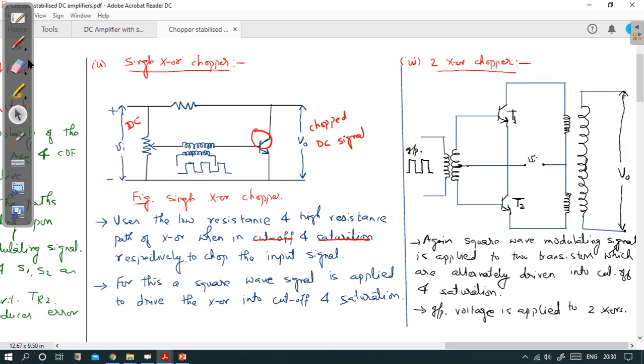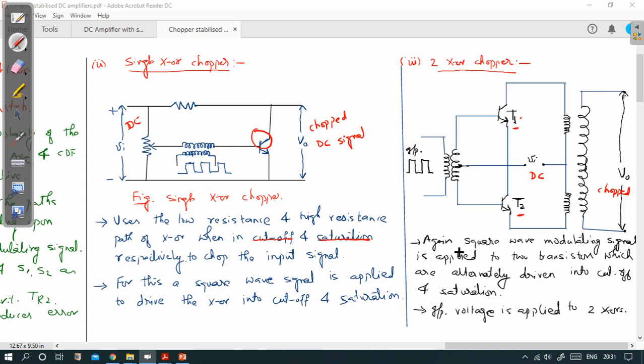We can have a chopper again made with two transistors. Here T1 is the first transistor and T2 is the second transistor. Look here, this is the input signal, which is the DC signal, and this is the output where the chopped output signal will be available, and this is the signal that will drive the transistors into saturation and cutoff.